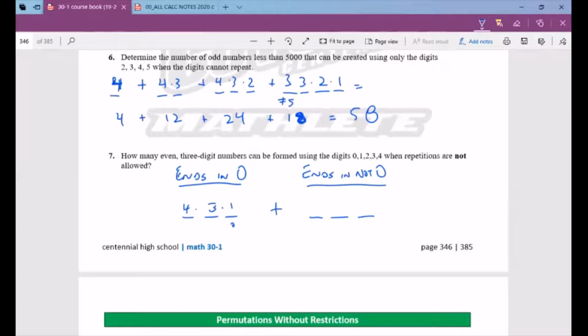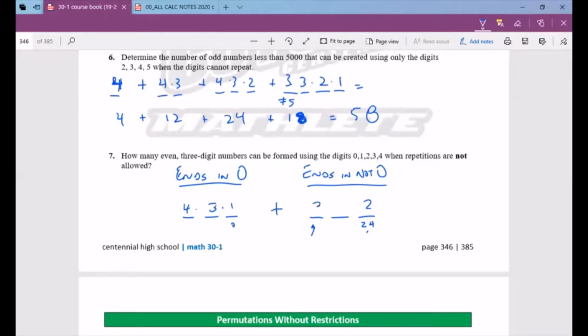What numbers are not 0 that are even still? Well, that means it ends in a 2 or a 4. So we have 2 choices for that number. But in this case, we have to be careful here. How many choices do we have for this first digit? It can't be a 0, because that would no longer be a 3-digit number. It can't be whatever even number it ends with. It can't be that 2 or that 4 that we've already selected.